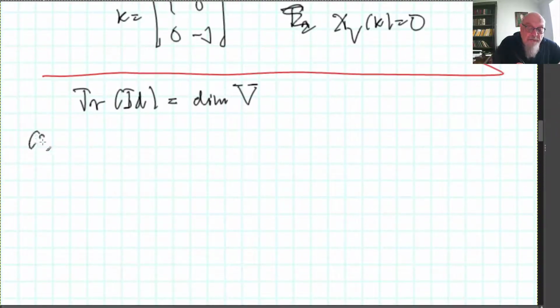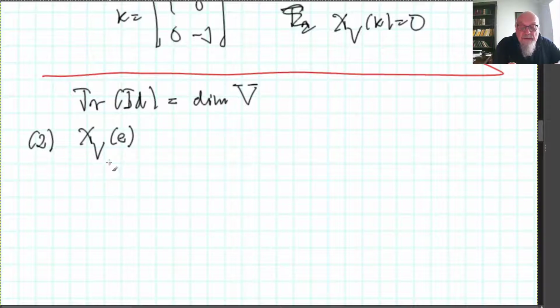Call this property number 2. If you have a character of the representation, and E is the neutral element of G, then this will be the dimension of V.